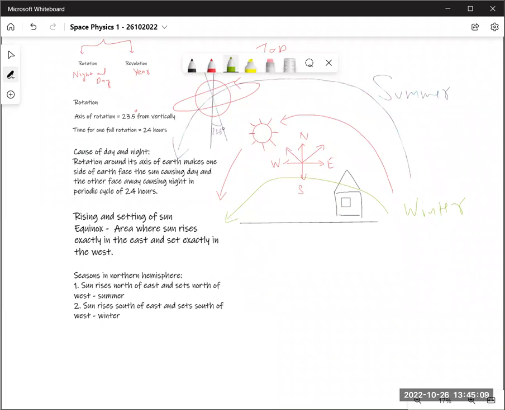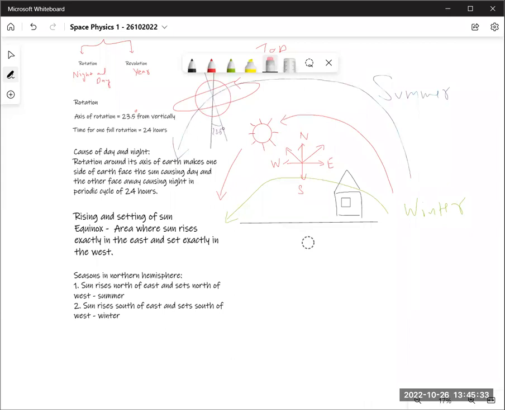How does the season affect this? Because look, when the Earth is revolving, at certain times, some areas of the sun are facing different areas of the Earth. What this really means is, in summer you have a lot more sunlight.